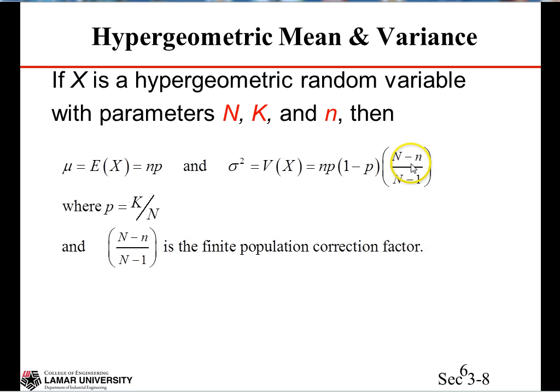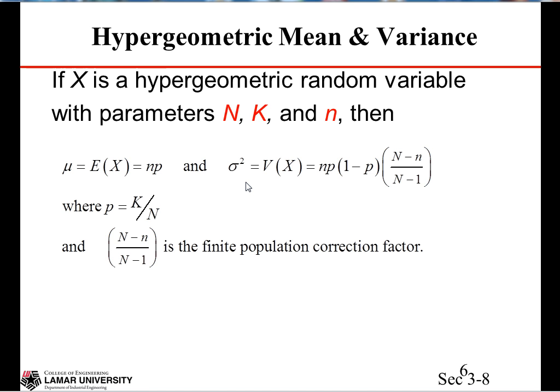So you can imagine if the capital N is very large compared to the lowercase n, then this correction factor is very, very close to 1. So you can just treat the hypergeometric as having almost the same mean and variance as the corresponding binomial distribution.